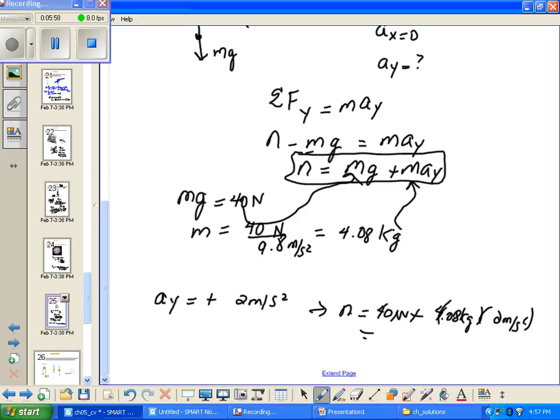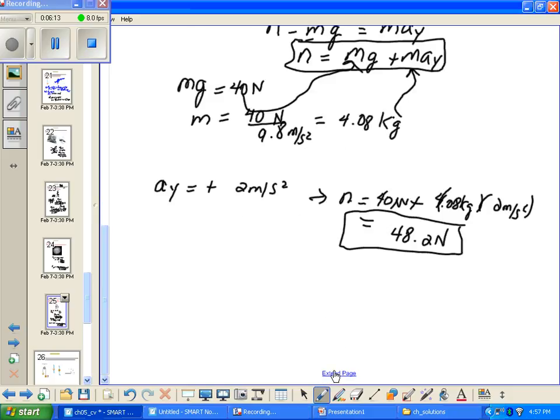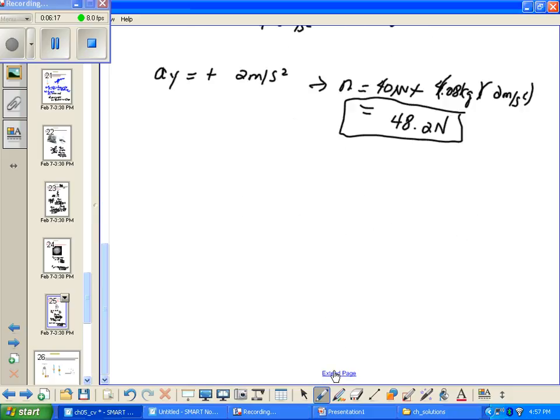In this case, we get N equal to 48.2 newtons. So in the case where the elevator is accelerating at positive 2 meters per second squared, the apparent weight of the fish will be 48.2 newtons. Okay, let's go with the next situation.